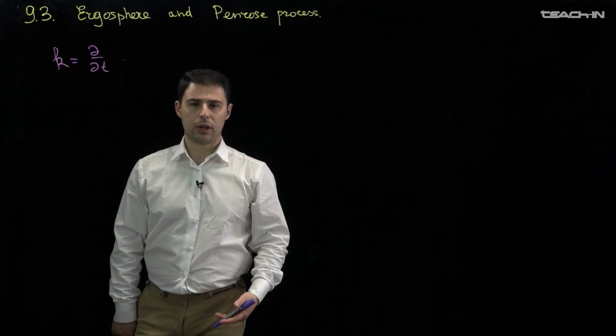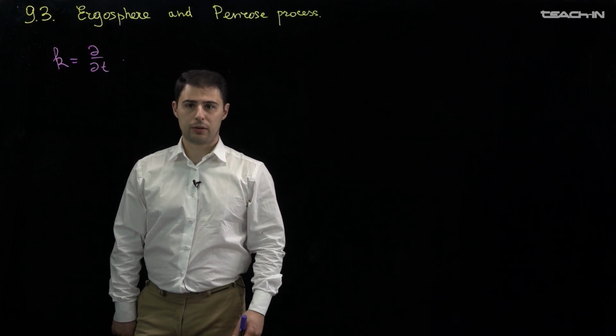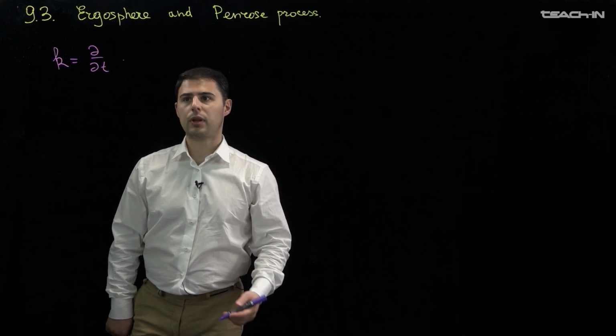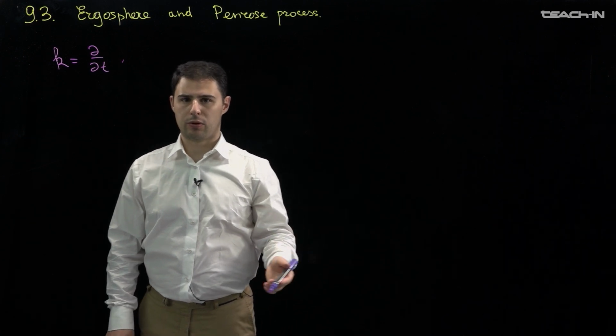As we have shown, K is not the null generator of the horizon, and in fact it is space-like there. So let us write down the norm.